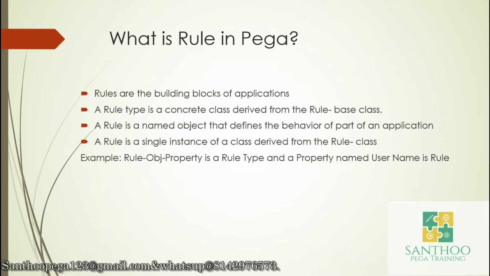Whatever its behavior, it will be the same. Every rule type has its own behavior, which we need to look at further. When we develop the application and the code, you must understand these rules and how we can create and work with them.